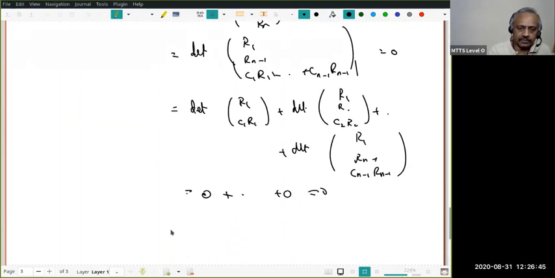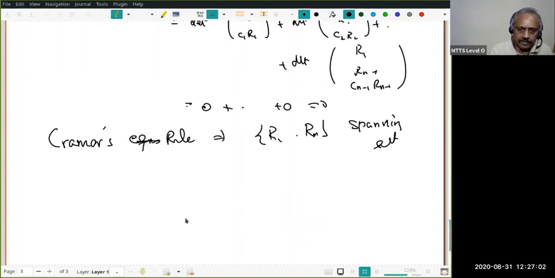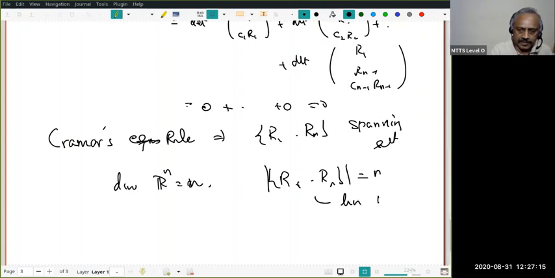Now you can again use Cramer's rule. If you have done linear equations, you know Cramer's rule implies this R1 to Rn is a spanning set. If you already know the dimension concept, the dimension of Rn is n, and the number of elements in R1 to Rn is n, and this is linearly independent.